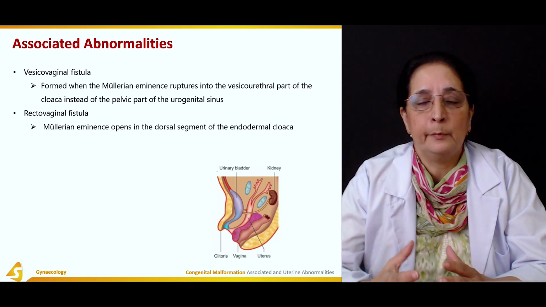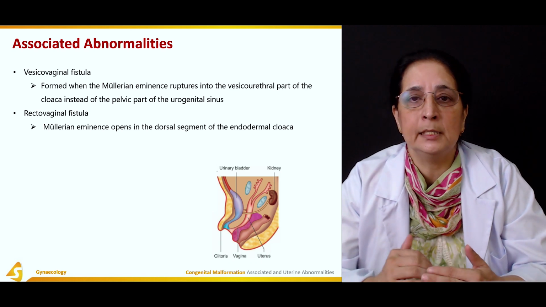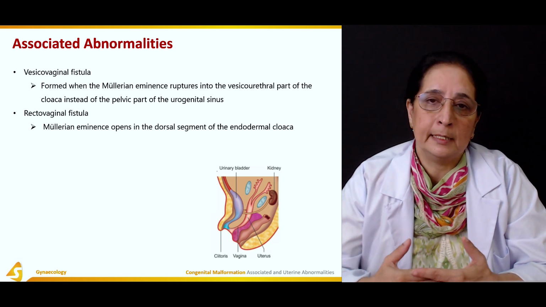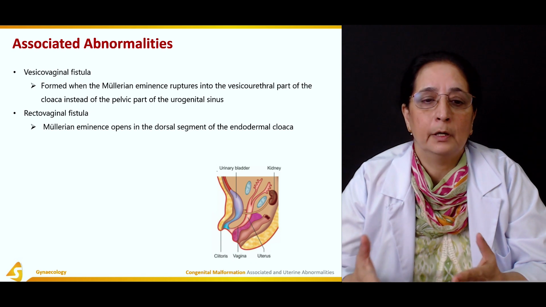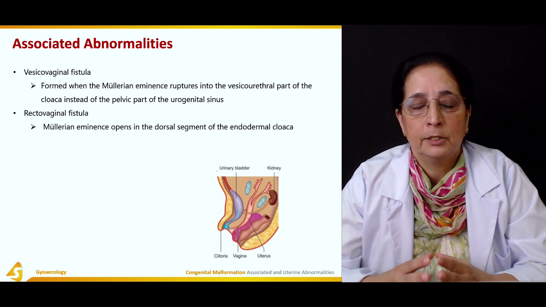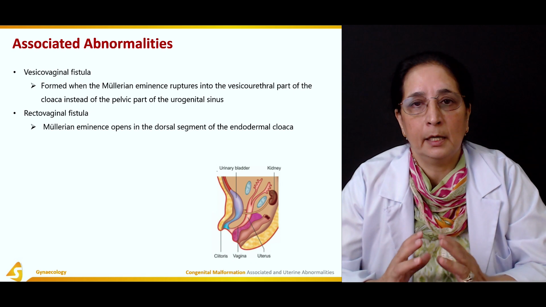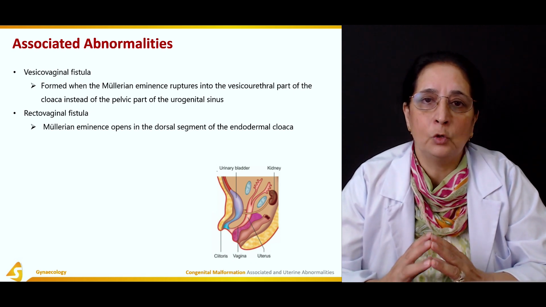So in this, the Mullerian eminence opens in the dorsal segment. So that leads to the rectovaginal fistula.